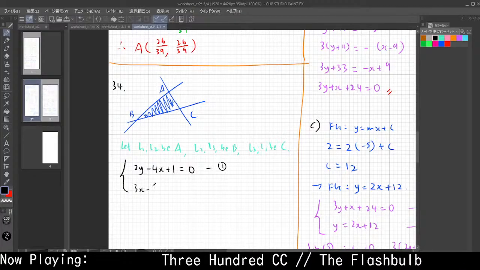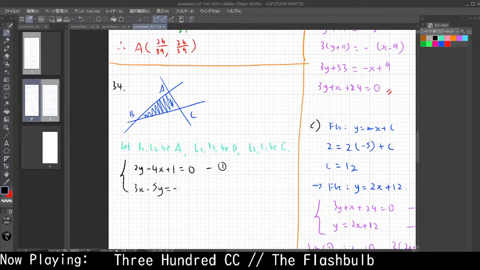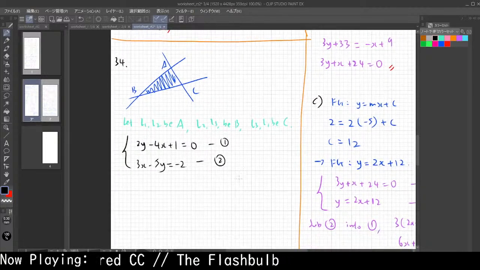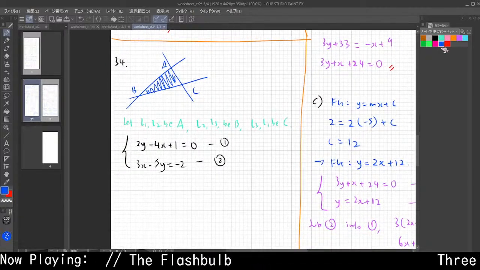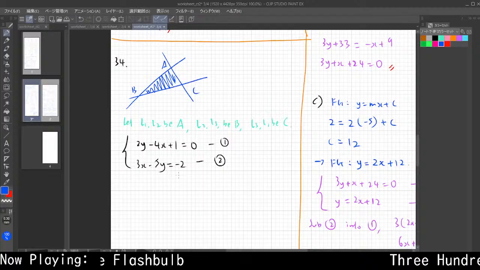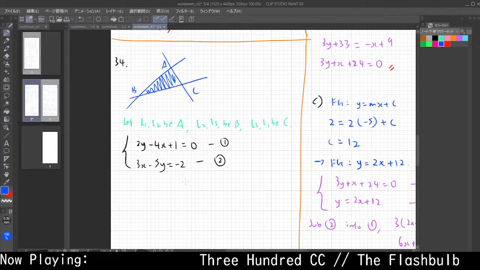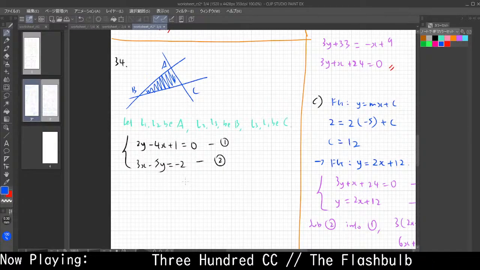L2 is this one. If you want to rearrange, you can.